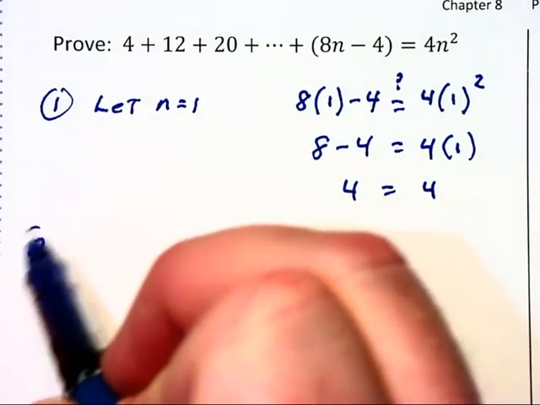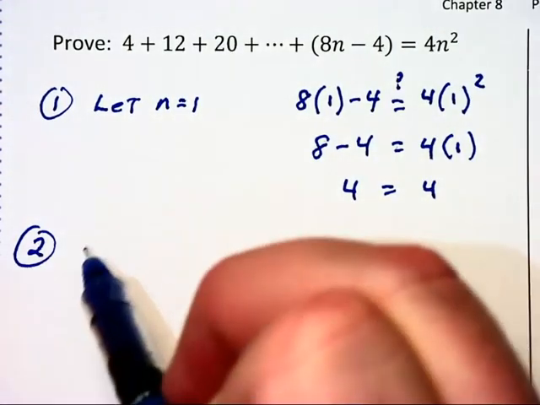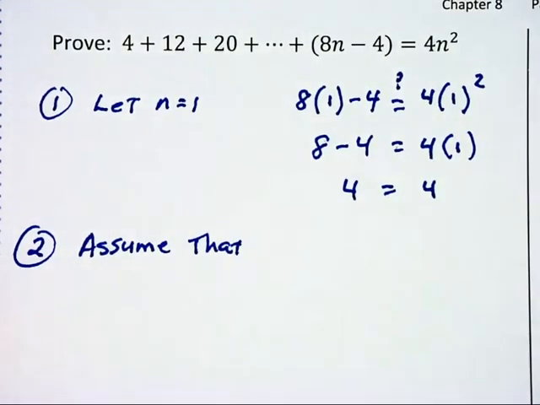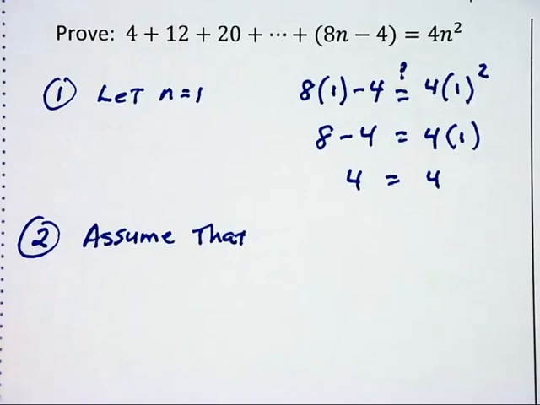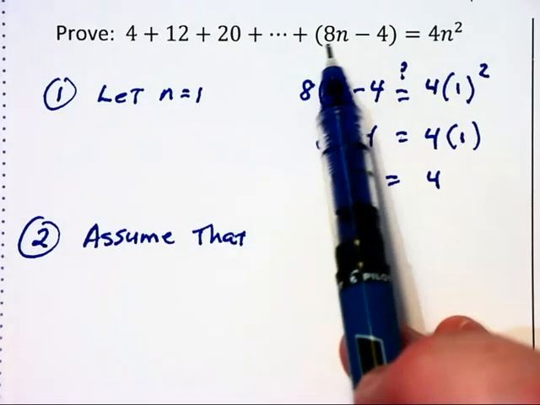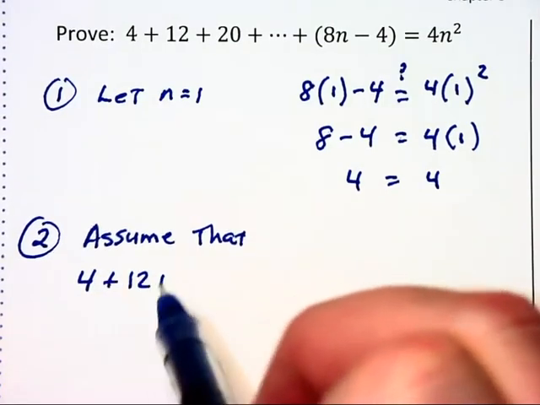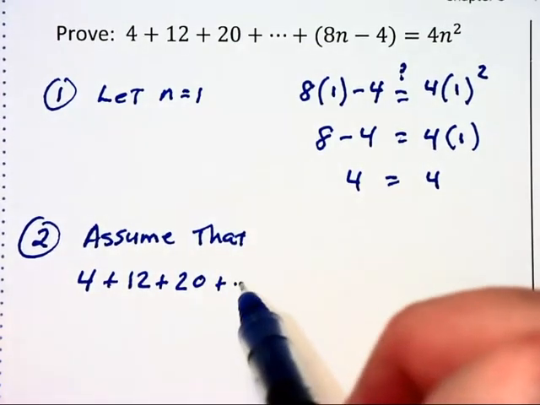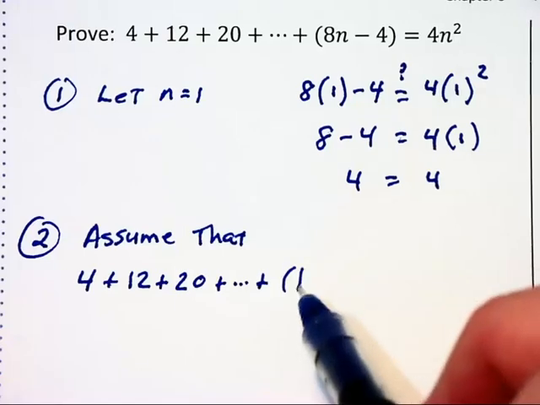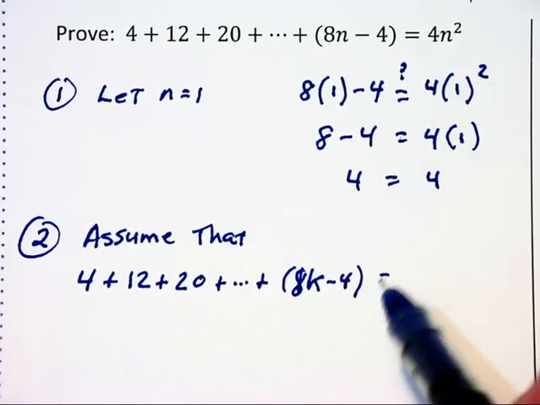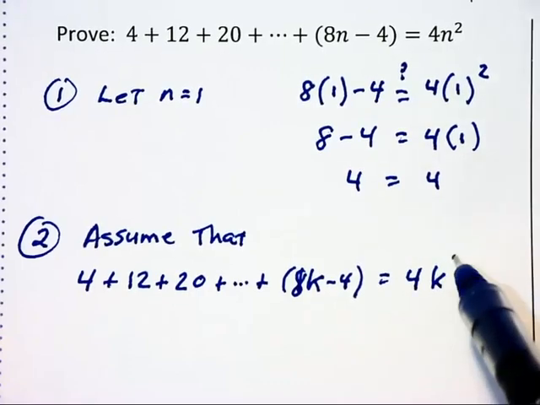Step number 2 in the inductive proof process is to assume that this statement is true for the first k terms. So we will rewrite the formula, changing out the n's for k's. So 4 plus 12 plus 20 plus ... plus 8k minus 4 is equal to 4k squared.